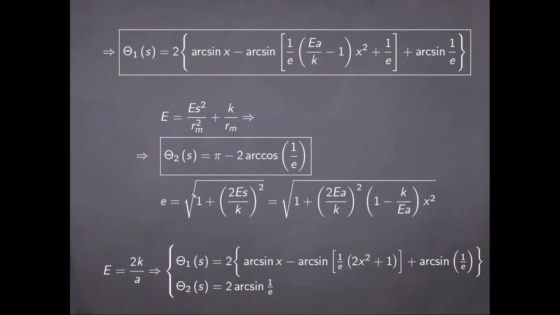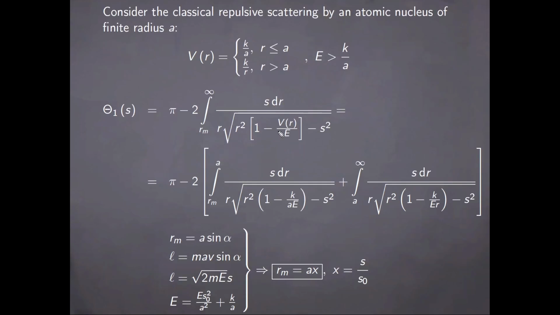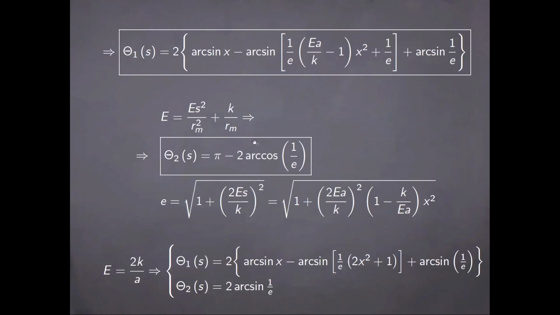Now in the second situation where the periapsis lies beyond the nuclear radius, we simply discuss the conventional Rutherford scattering or Coulomb scattering, and then the scattering angle has the familiar expression, which is equivalent to the result here, and this one is found by carrying out the integral directly, as opposed to the method we used previously.